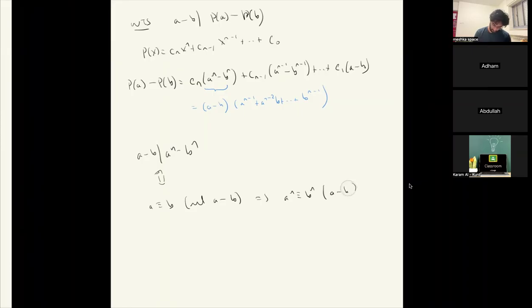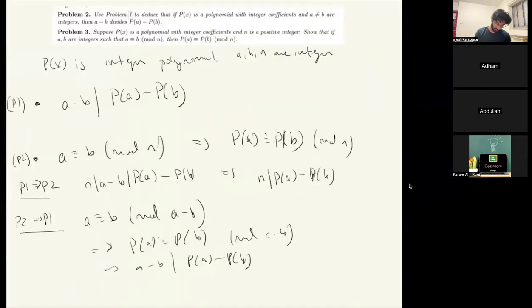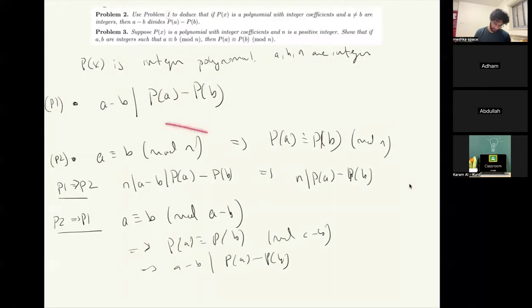But I'll point out what you're doing here, Karam: you're actually directly proving the second statement, really. And then you're saying, okay, they're equivalent.